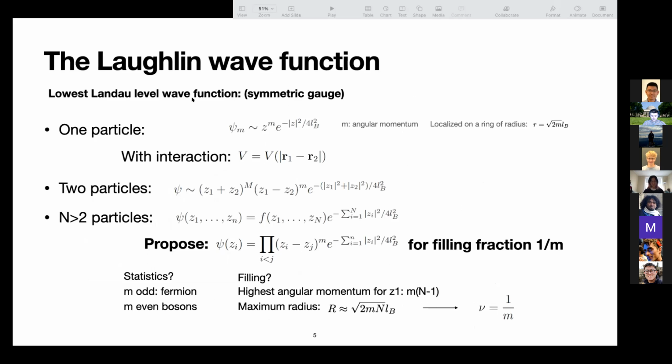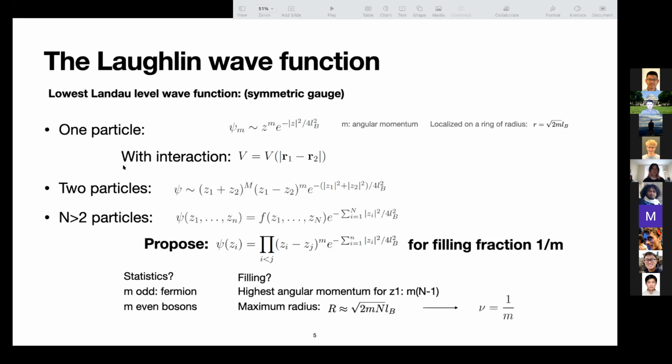Let me just give you some motivation. If we consider a single particle state, assuming symmetric gauge, the wave function for the lowest Landau level is just some holomorphic function times an exponential decay component.